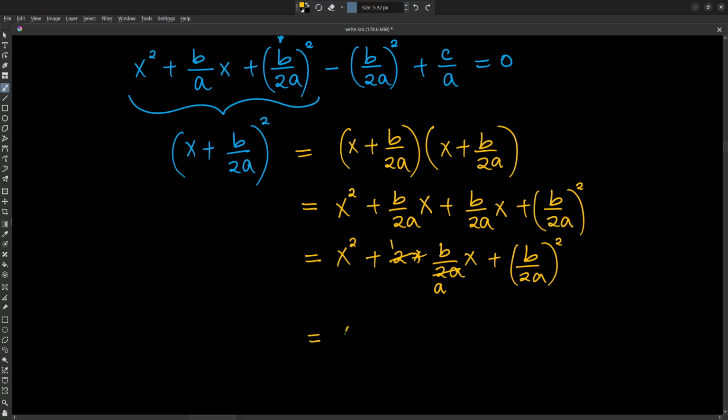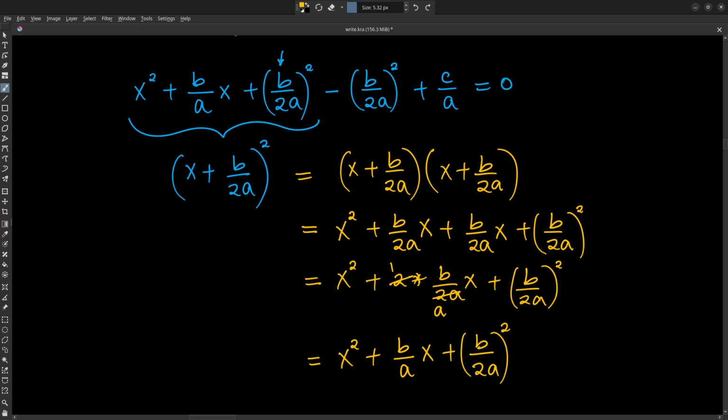So this equals x squared plus b over a times x, and then plus b out of 2a squared. So let's compare. This expansion of x plus b out of 2a squared gives us the same thing as the first three terms. So indeed, the first three terms collapse to x plus b out of 2a squared. That is why this method is called completing the square.